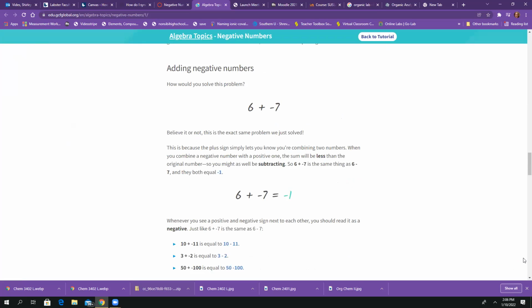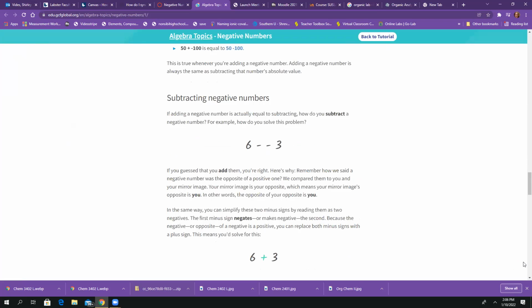And this is one of the first things we'll be using because we are going to be doing scientific notation pretty soon, which means we're going to need negative numbers. And when I say 6 minus minus 3, for example, I'll say, oh, that adds, because you know how that works. When you have two negative signs, it becomes a positive.